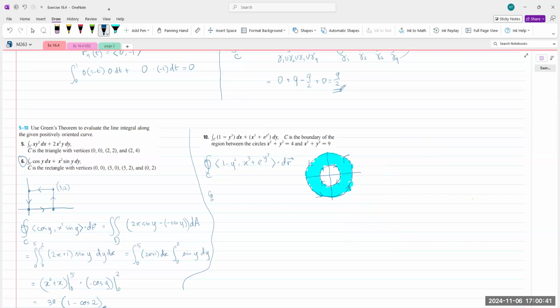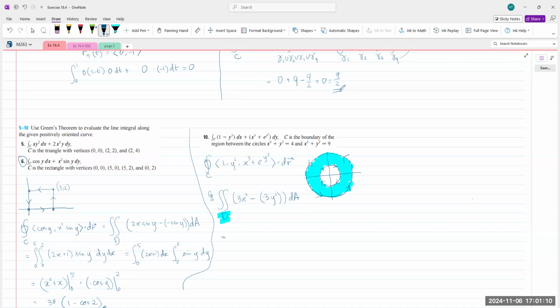By Green's theorem, therefore, this is double integral over the blue region of Q sub x. Do you see the benefit of this? Q sub x will give us 3x squared, and the e to the y squared suddenly becomes irrelevant, minus P sub y, negative 3y squared dA.